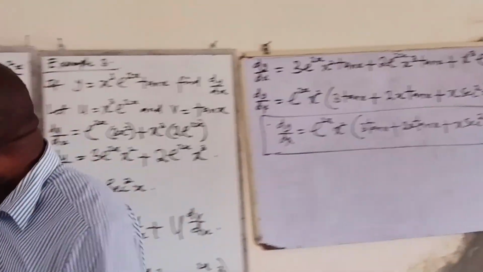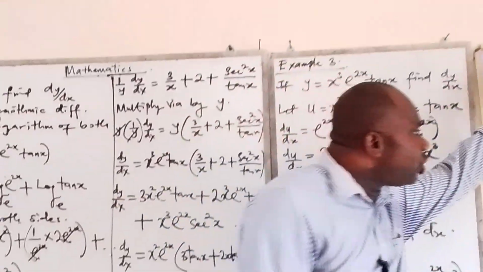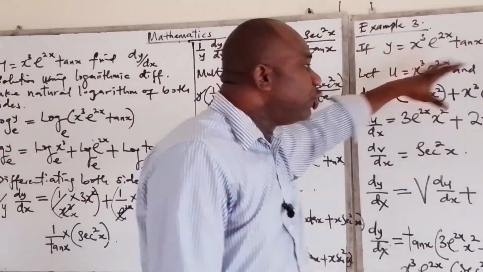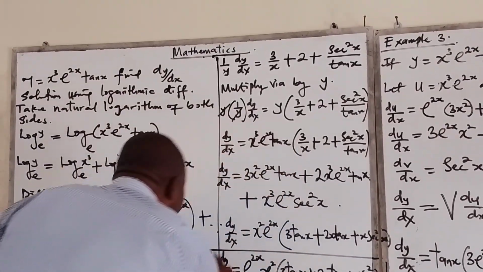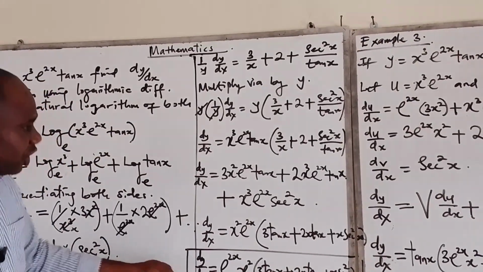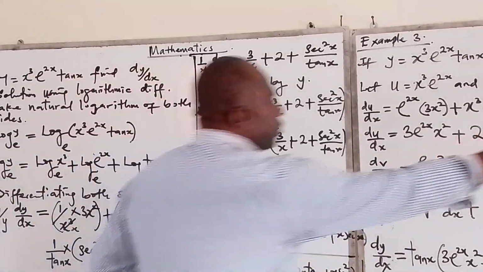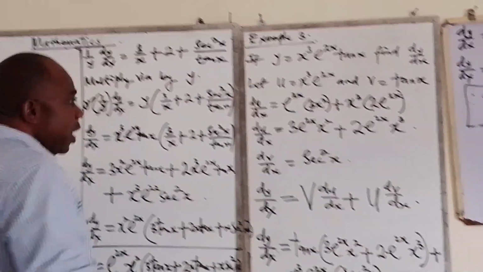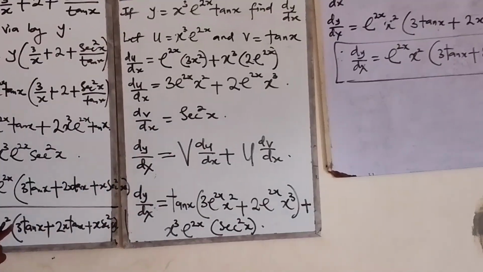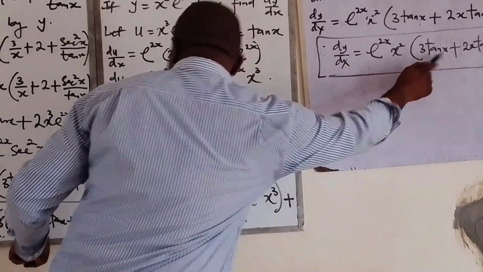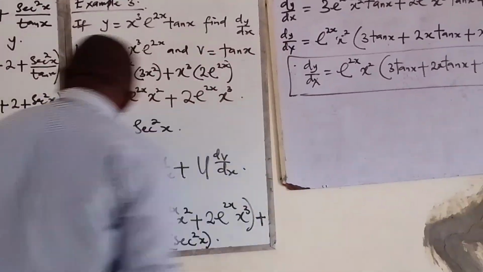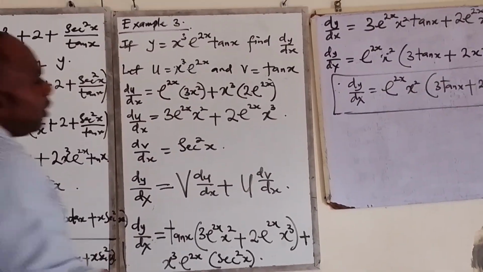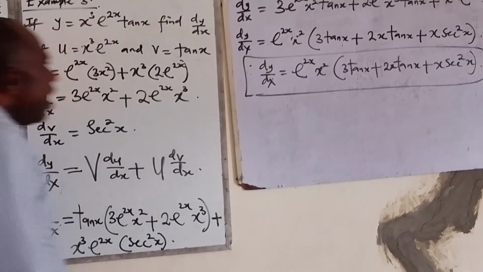So now this value here, dy/dx is e to the power 2x. Look at it here, e to the power 2x, we have x squared, we have x squared, we have 3 tan x, we have 3 tan x plus 2x tan x plus 2x tan x plus x sec squared x plus x sec squared x.